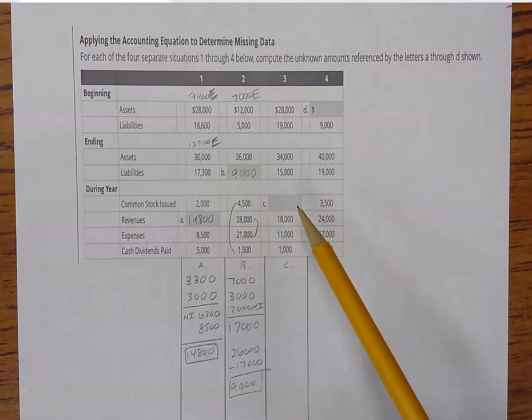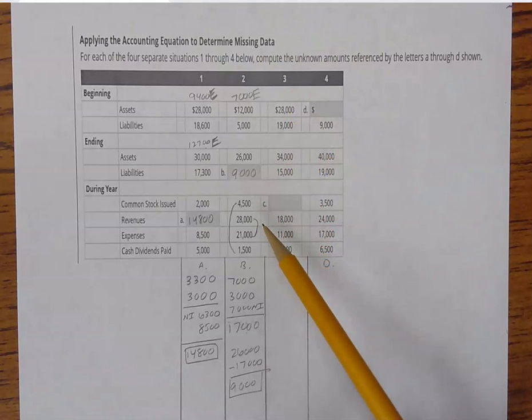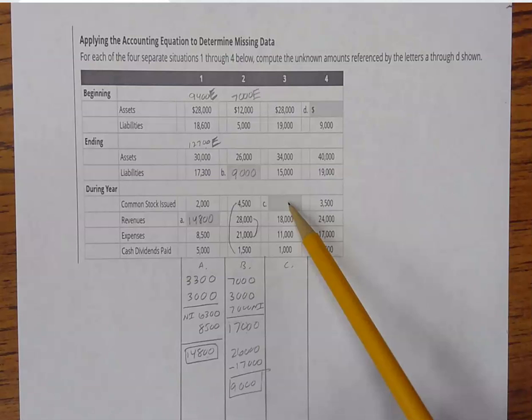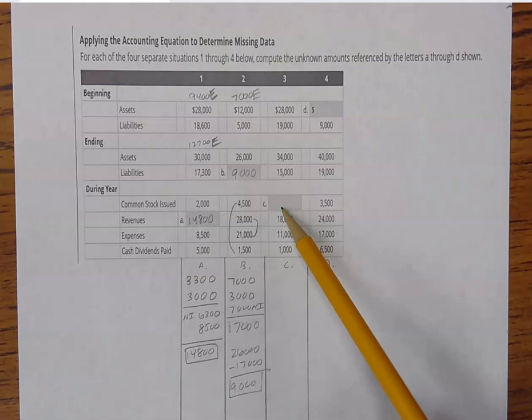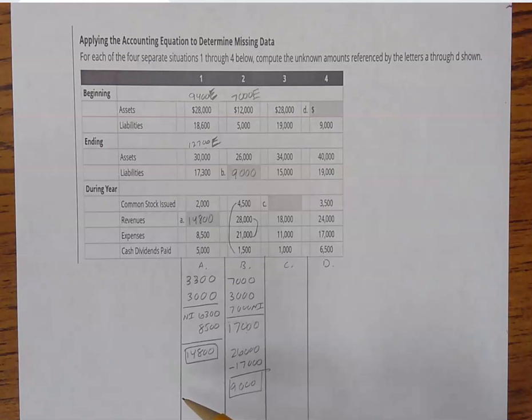So now we've got columns 3 and 4 to go, and we have to solve for any common stock that was issued during the year in this one. And then later we're going to solve for beginning assets. But first things first, we're going to solve for C, which is how much common stock was issued.